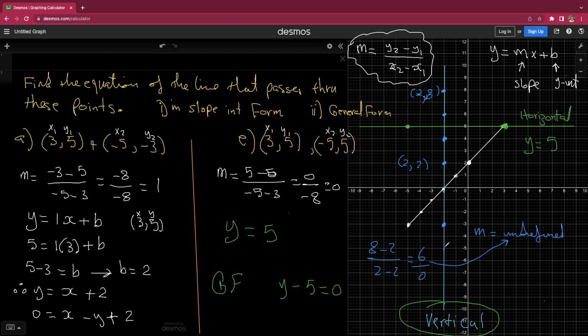And here? -2. What's the Y value here? 4. What's the Y value here? -3. But what's the X value here? -2. So therefore, the equation of this line is X always equals -2. That's the equation of this line. Oh, I didn't get what you were asking at first.